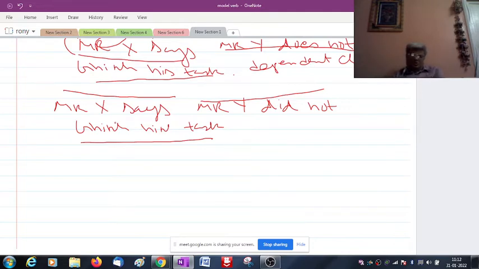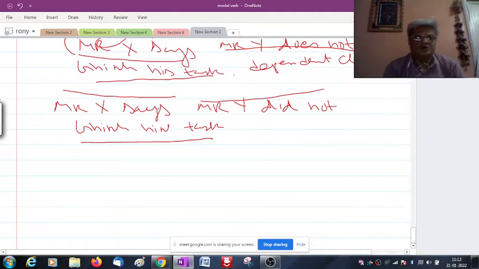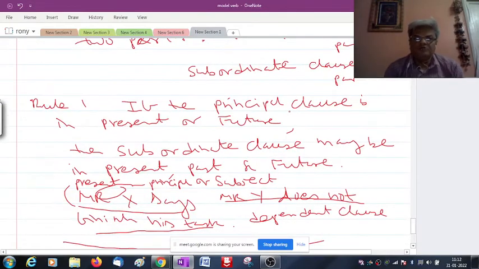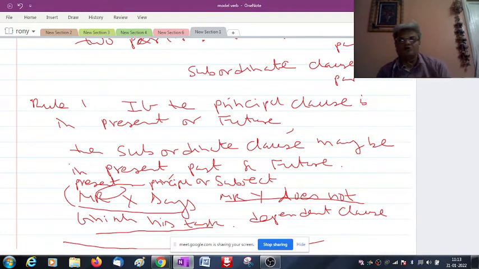First is in past tense and the second one is in present tense, sir. No, that's the opposite. First is in present and this is in past. What I am trying to say, the rule: if the principal clause, meaning the opening sentence, is in present or future, the subordinate clause may be in present, past or future.